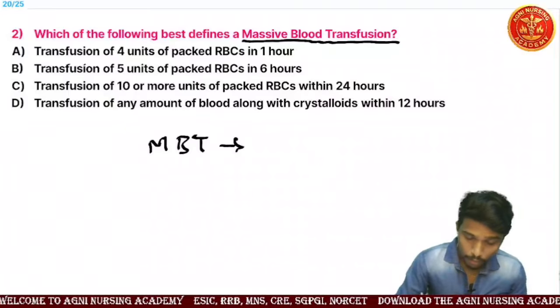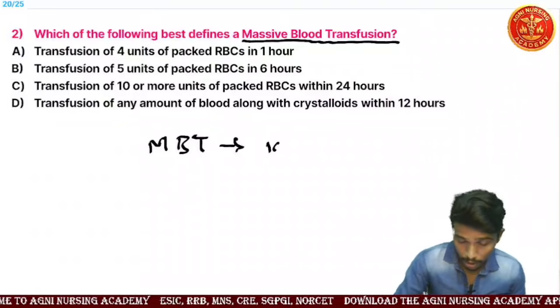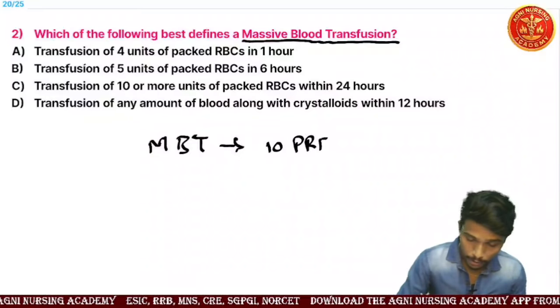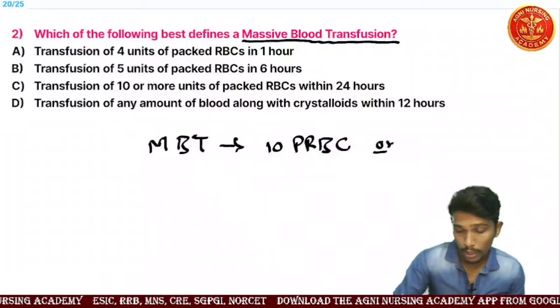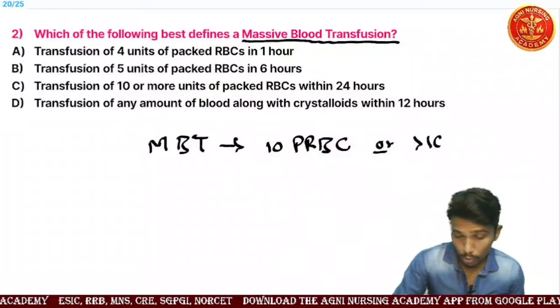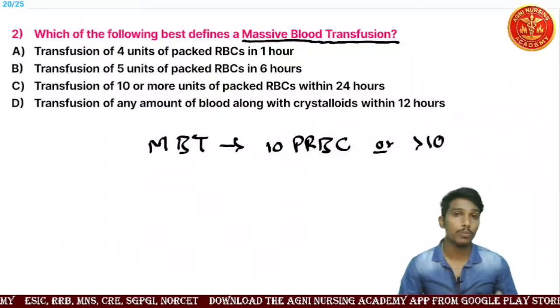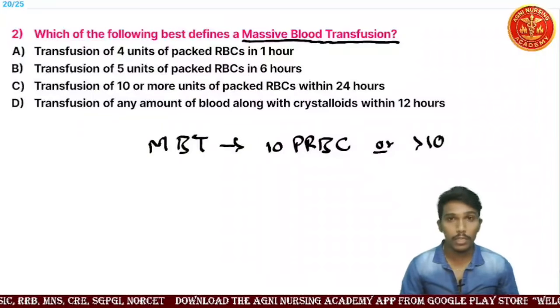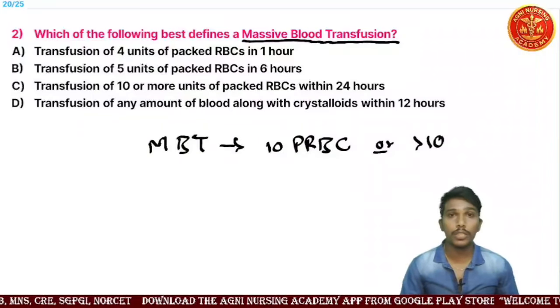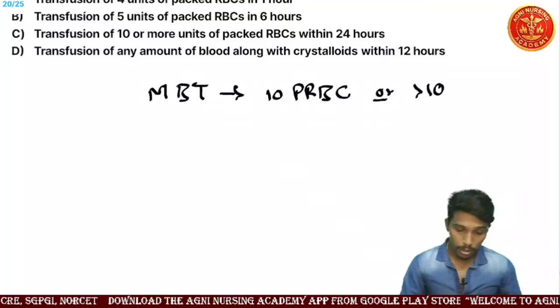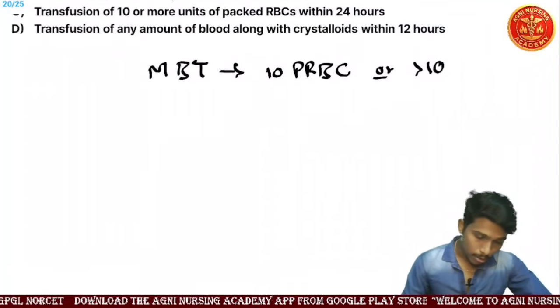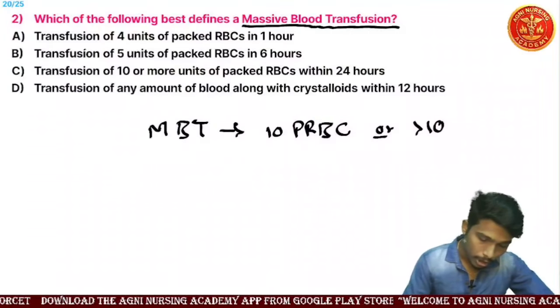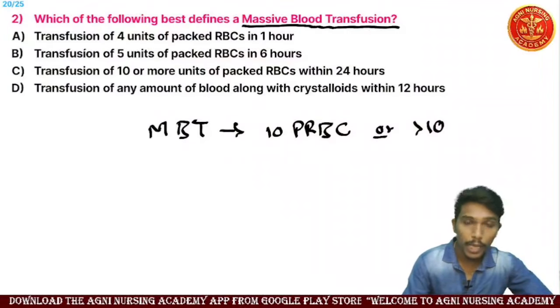Massive blood transfusion can happen if we transfuse 10 or more PRBC. If we transfuse more than 10 PRBC, in this condition we call it a massive blood transfusion. Then coming to the options: A, a transfusion of 4 units of packed RBC in 1 hour.